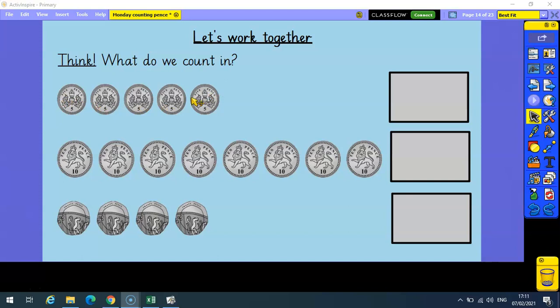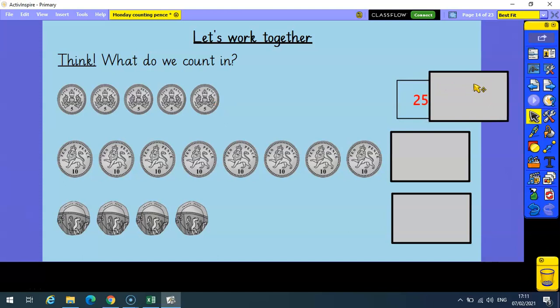What can I count in that would help me here? Oh yes, that's right. I can count in 5s. I know my 5s. Right, can you help me? 5, 10, 15, 20, 25. 25 what? 25p.